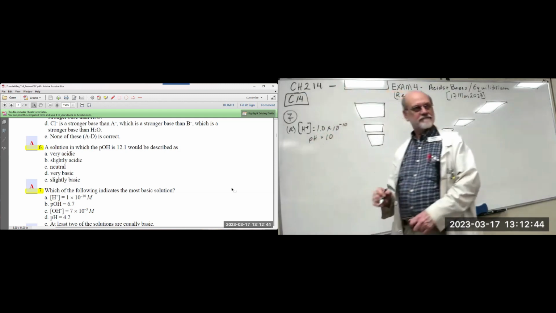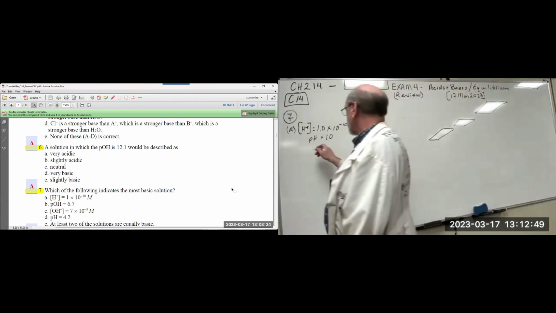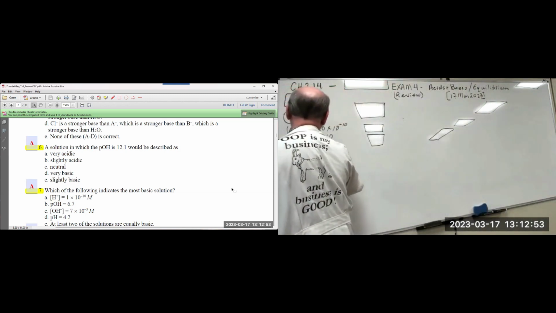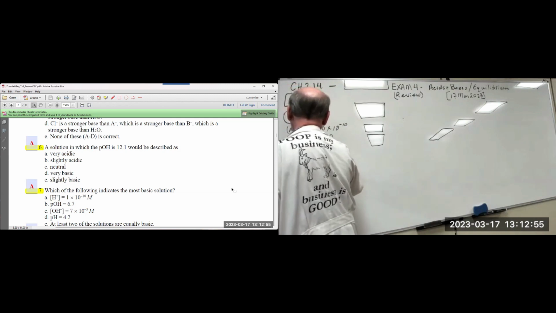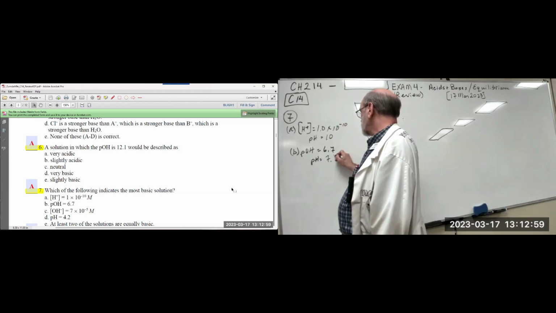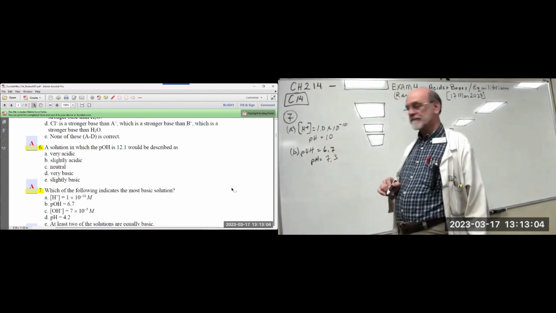That's 10, right? B. pOH equals 6.7. So the pH is equal to 7.3, right? 14 minus 6.7.